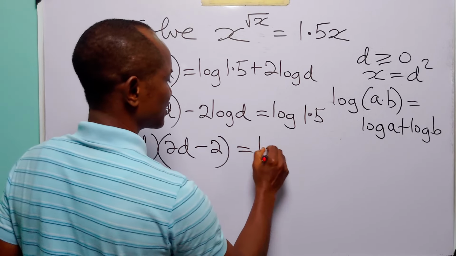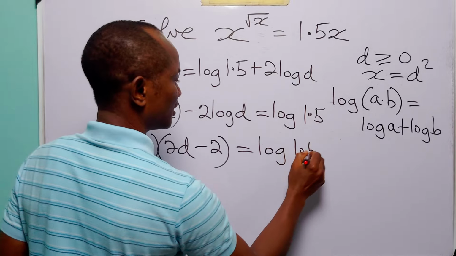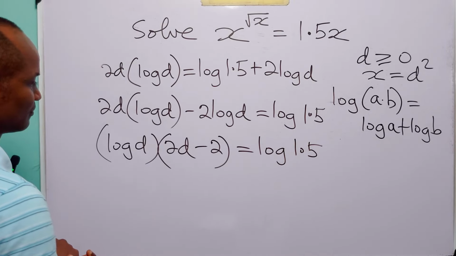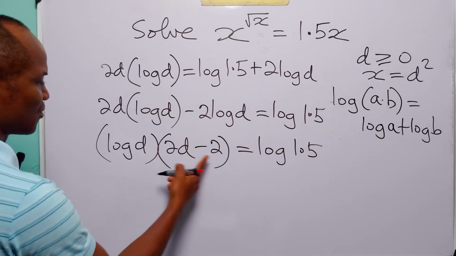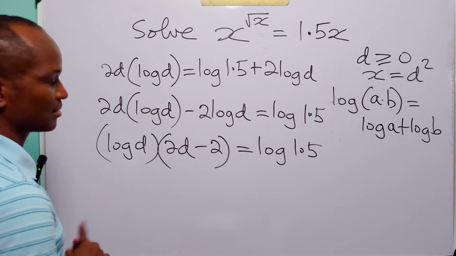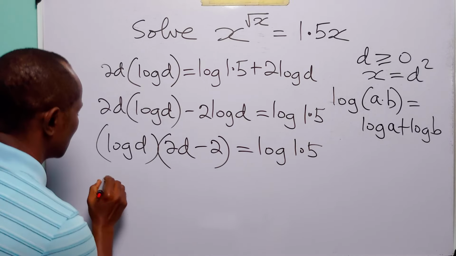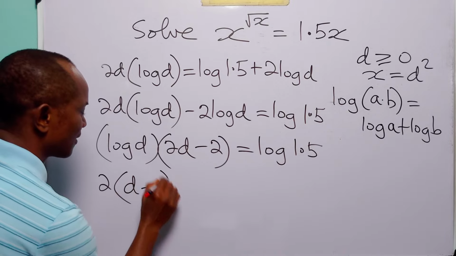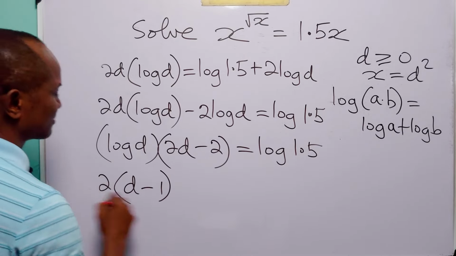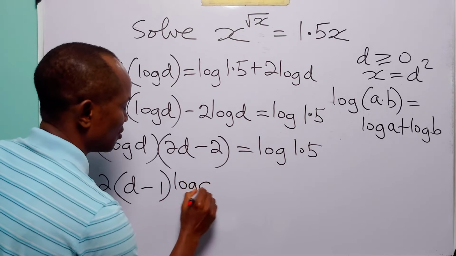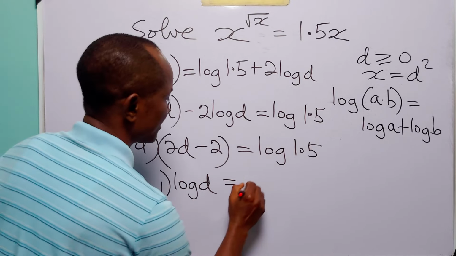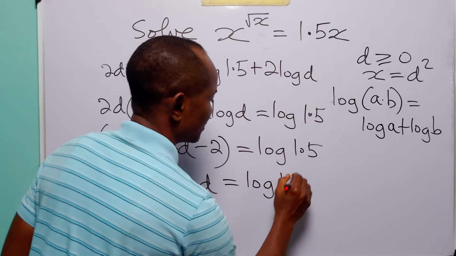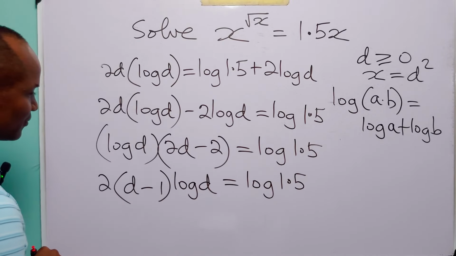And of course, this is equal to log 1.5. But also, we can factorize 2 from this. When we do that, we have 2 times (d minus 1) multiplied by log d is equal to log 1.5.